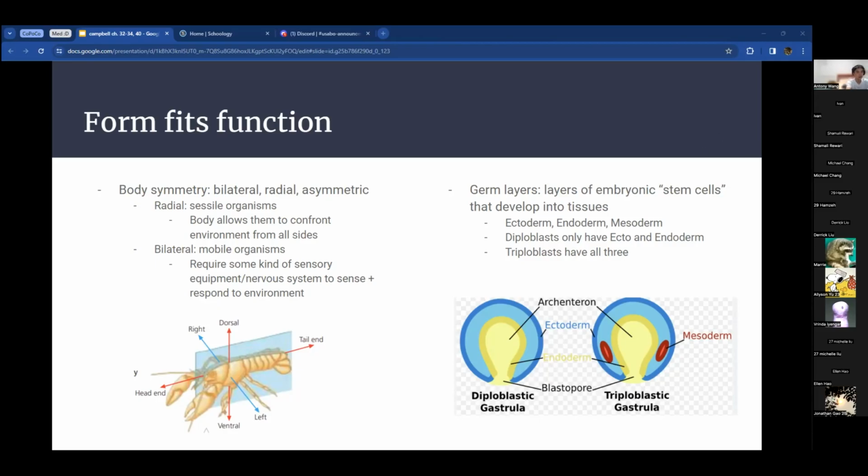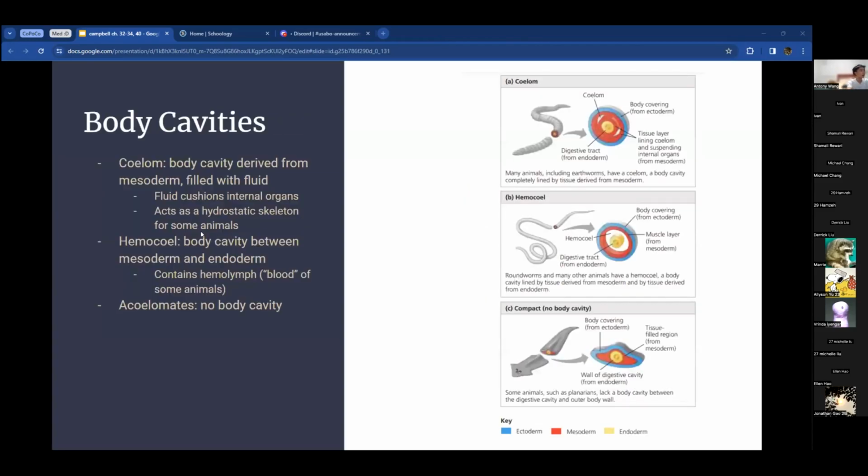You can have an organism with two germ layers, and that would be a diploblast. You can have an organism with three germ layers, that would be a triploblast. I think we'll get into the effects of it later.